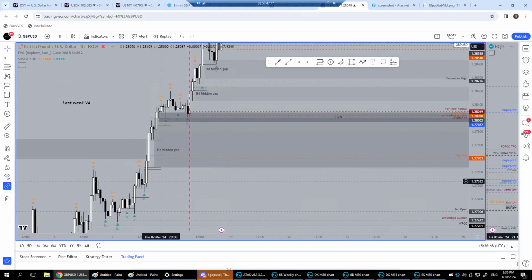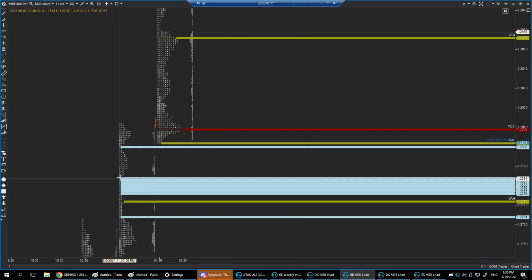And then it's this single print area that's here. So 2780-ish down to 2770.